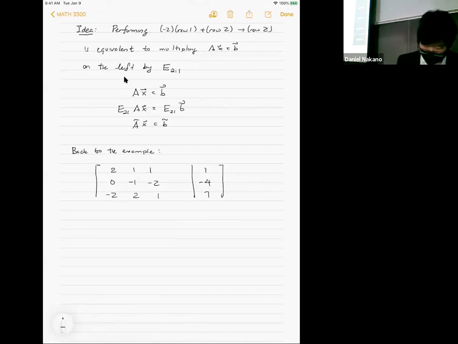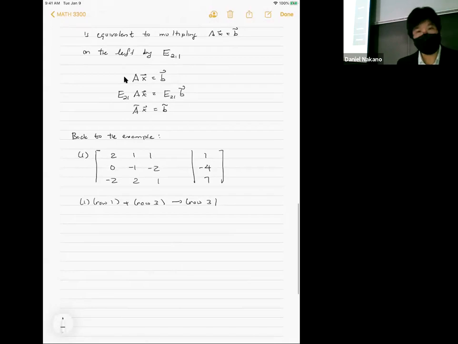Okay, so what do we do? Well, we're going to multiply row 1 by 1, add it to row 3, and insert it inside of row 3.